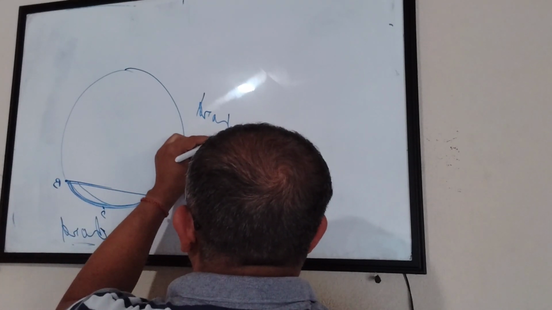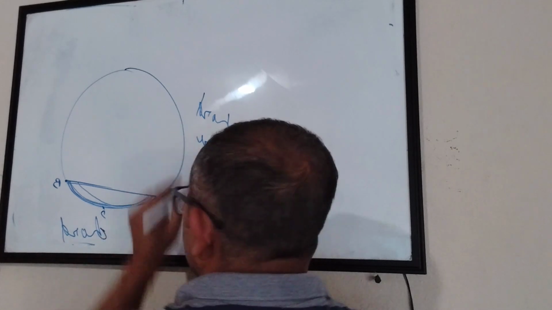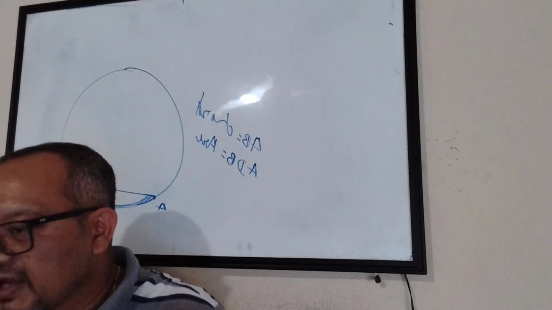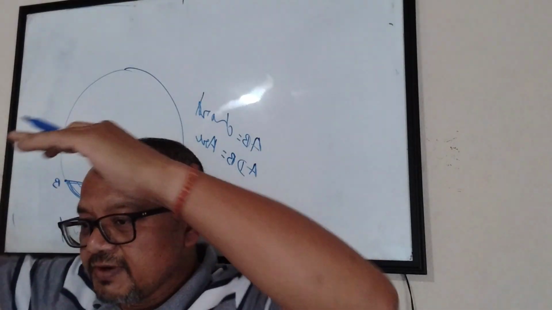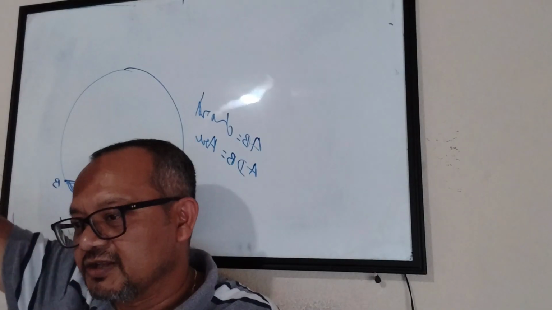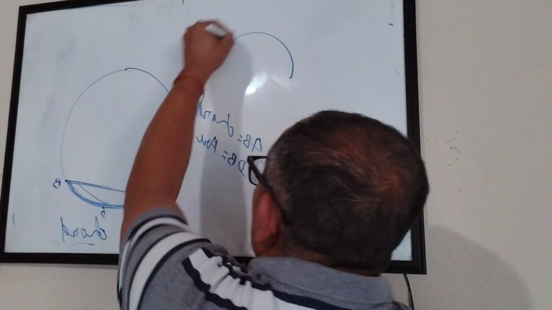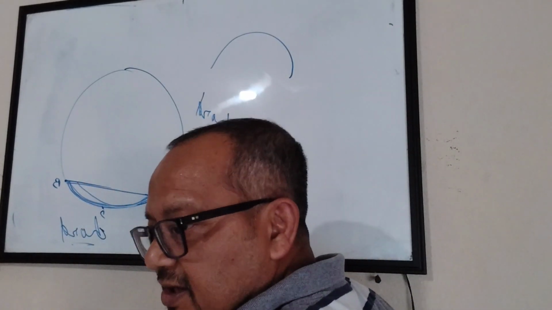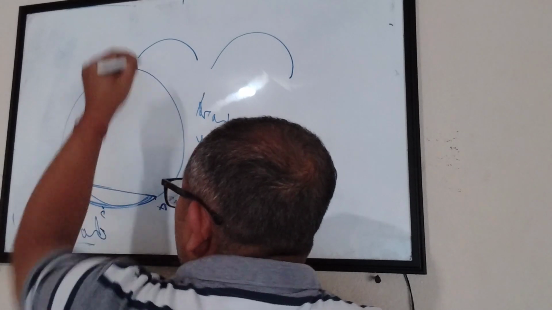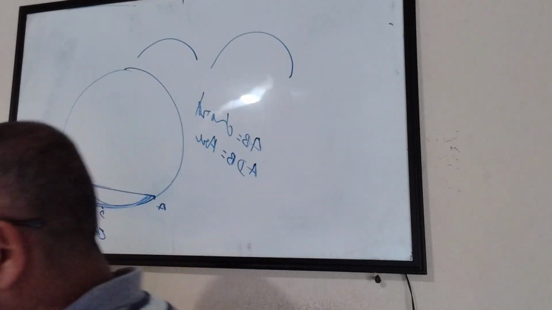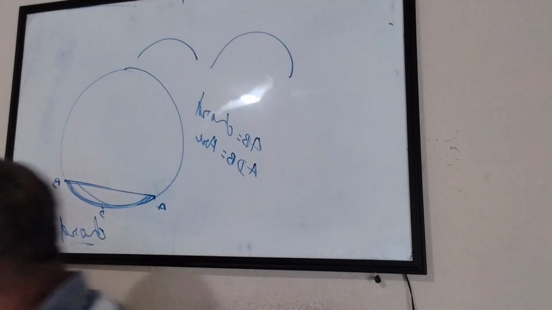This is called arc. Like if you guys have played with bow and arrow, you would have seen those, where you stick the arrow. That's like an arc. Something which is not a straight line, something which is curvy in nature. That's called arc. So this is the arc of a circle.